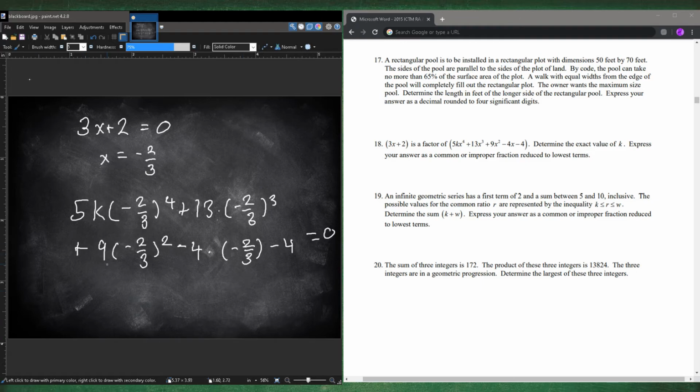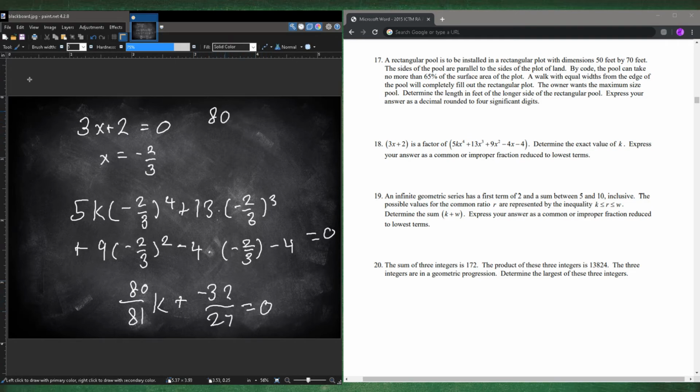Okay, so let's simplify the first one too. So 2 divided by 3 to the power of 4 times 5. So that means 80 over 81 k plus negative 32 over 27 is equal to 0.